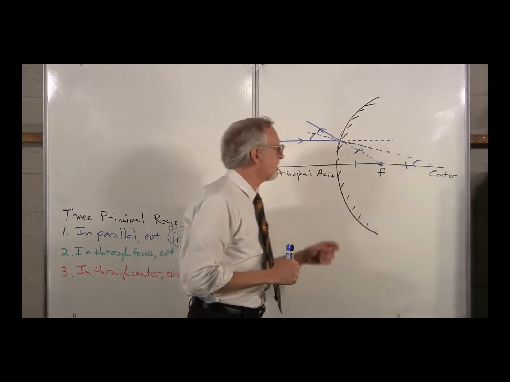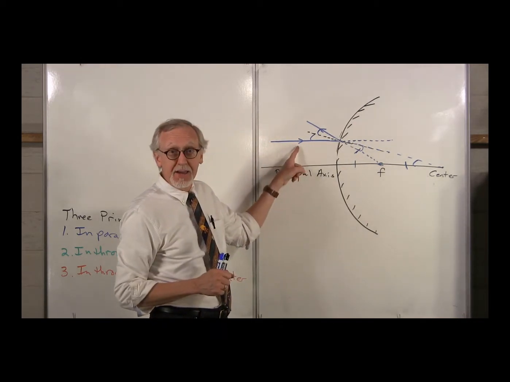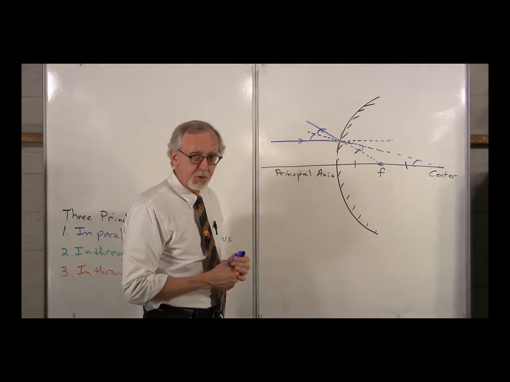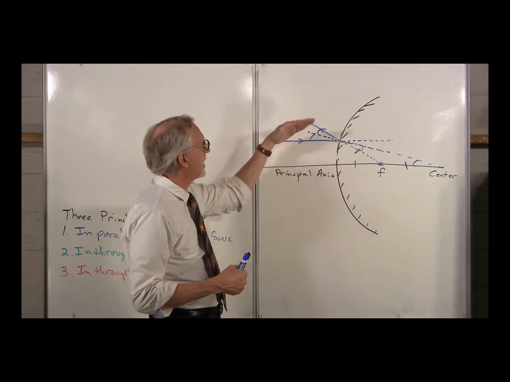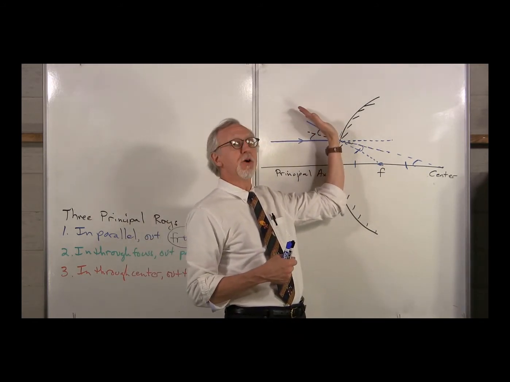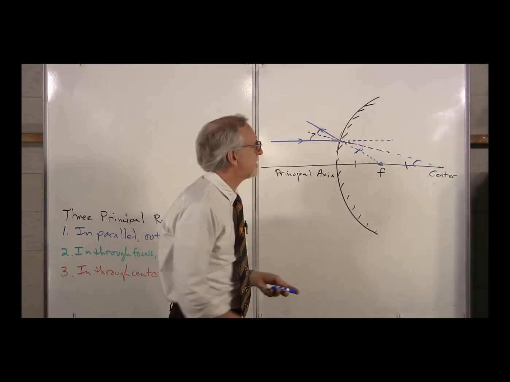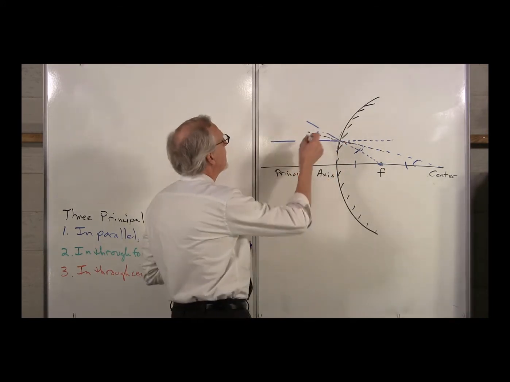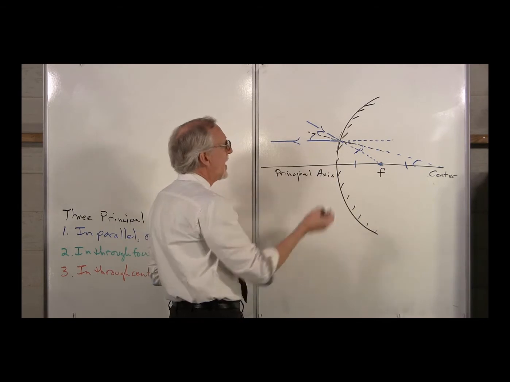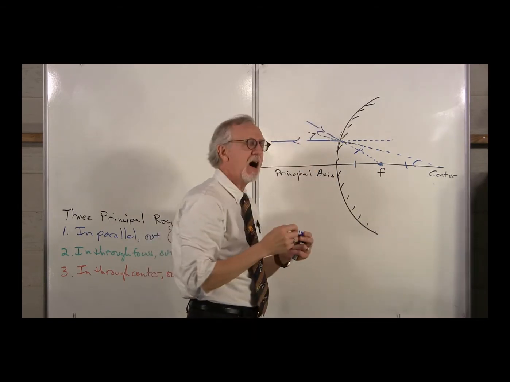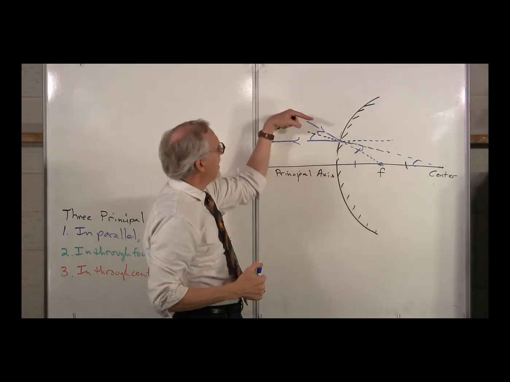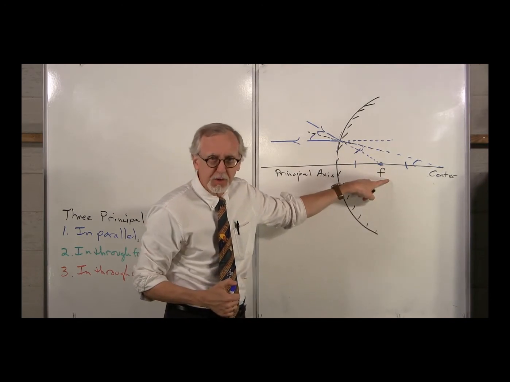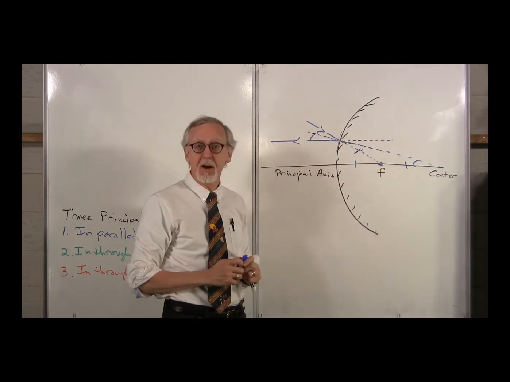What about our second ray? Well, remember, our second ray is just a reversal of the first one. We know that a ray that comes in parallel is reflected from the focus. Well, how do we reverse that ray? We reverse these directions, and what do we get? A ray that comes in not through the focus, but in toward the focus, reflects out parallel.